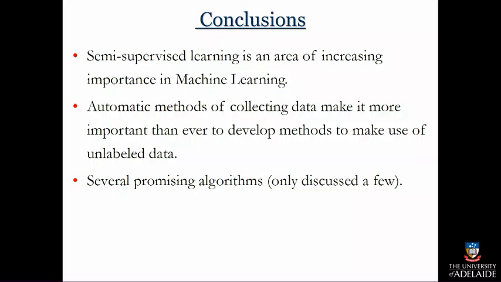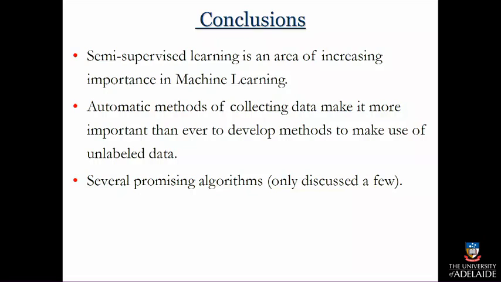And automatic methods of collecting data make it more important than ever to develop methods to make use of unlabeled data. Especially like in the last two weeks, we're talking about deep learning. In the age of deep learning, we need a large training data set, and in most cases, it's very expensive and time-consuming to label a large data set, right?